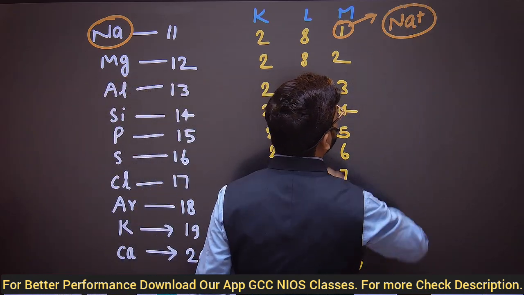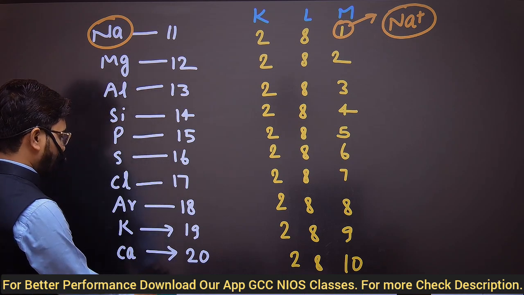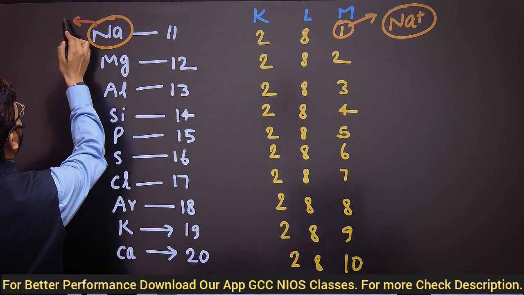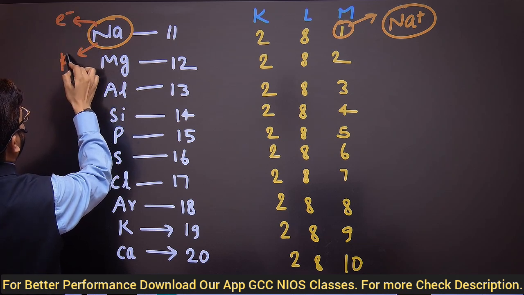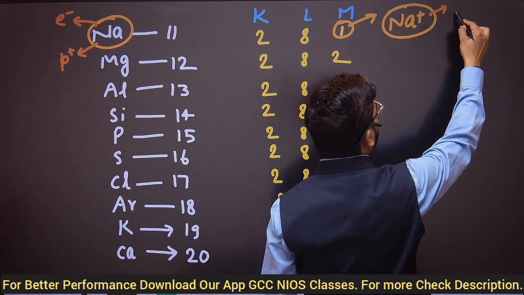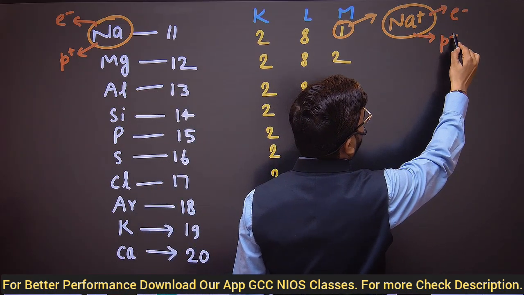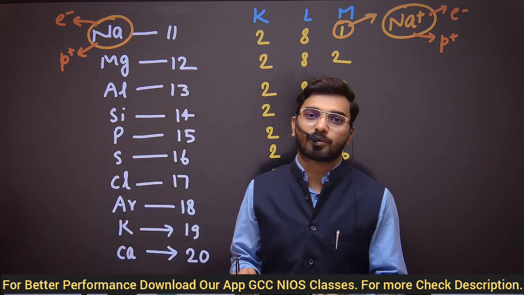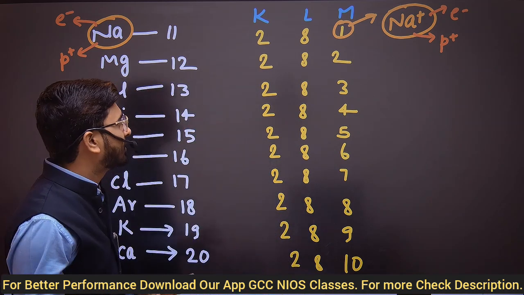Let's see what your knowledge is. How many electrons in Na and how many protons in Na? Similarly, how many electrons in Na plus and how many protons in Na plus? Pause this video, think about it, and then write the answer. I hope you did so.